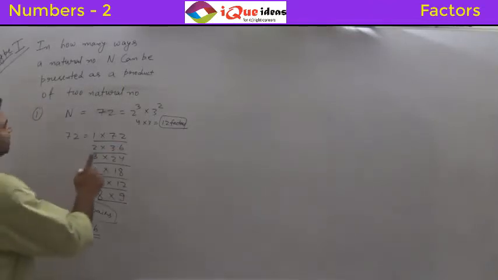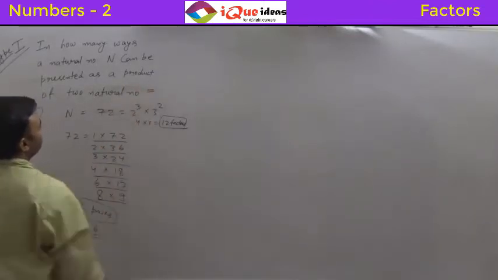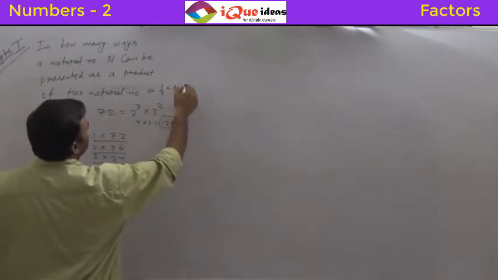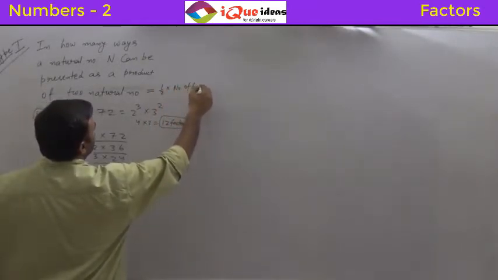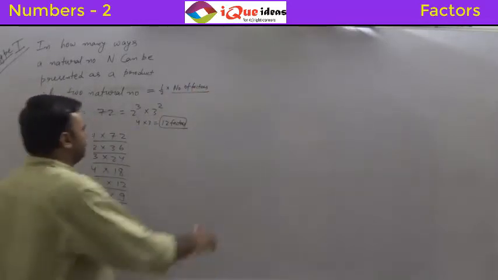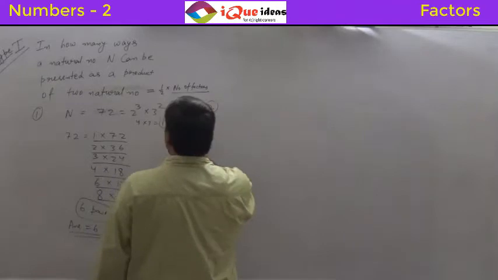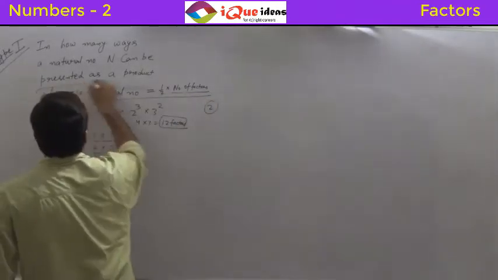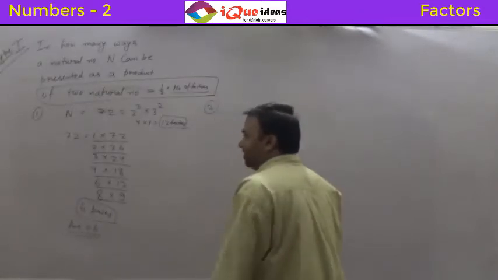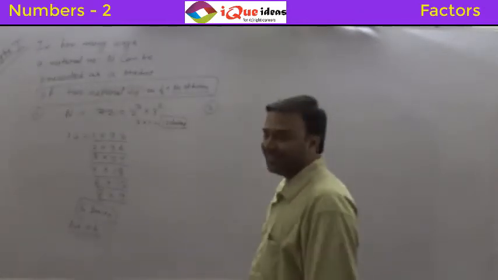Right? So the answer of this question is always equal to half of the number of factors. Okay, you can check for any other number. But there is a catch here, we'll come to that also.